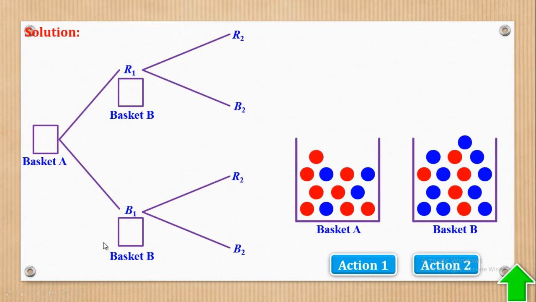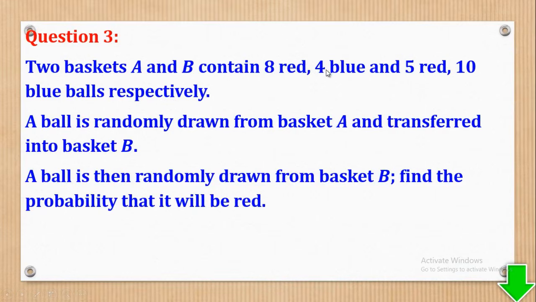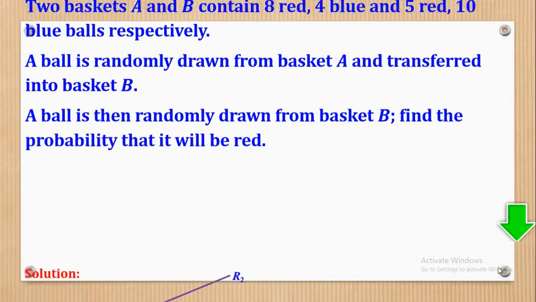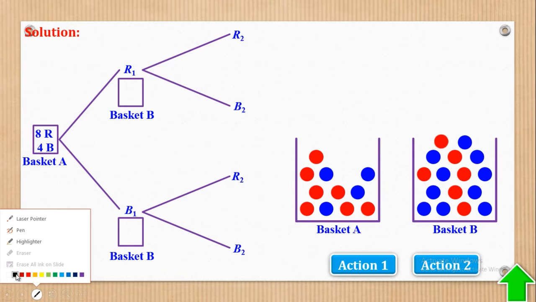So first of all, initially, if you look at this, we have 8 red, 4 blue in basket A and 5 red, 10 blue in basket B. Therefore we shall come here and write that basket A has 8 red and 4 blue. Now we are going to pick 1 red and put it here. If I pick red, it means it is this option.